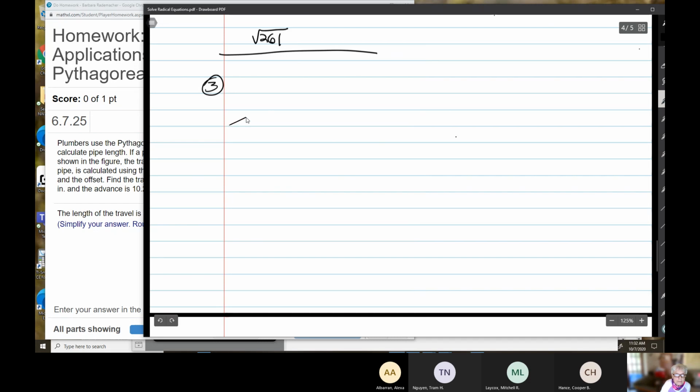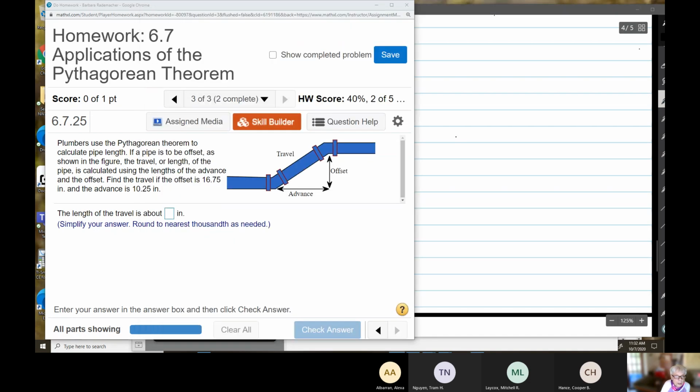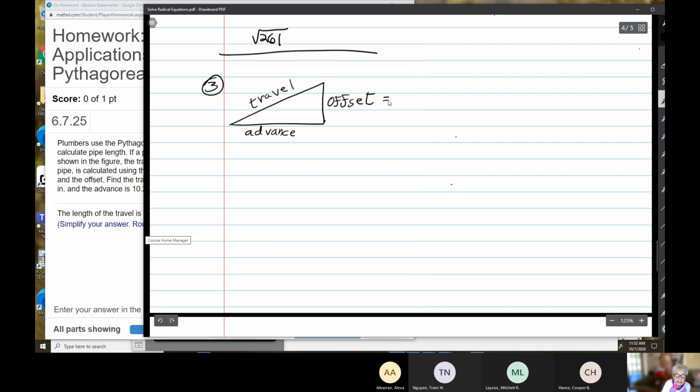So here's your travel, and here is the offset. And they tell you that the offset is 16.75 feet.